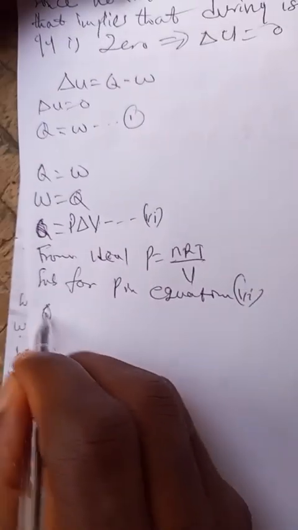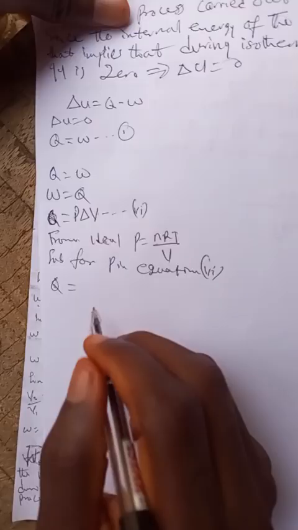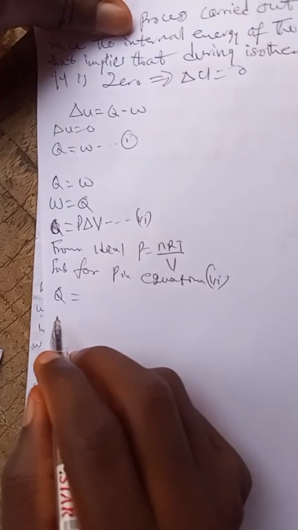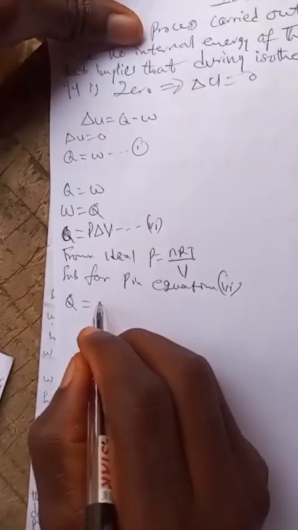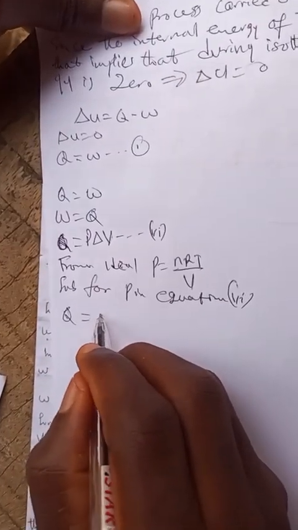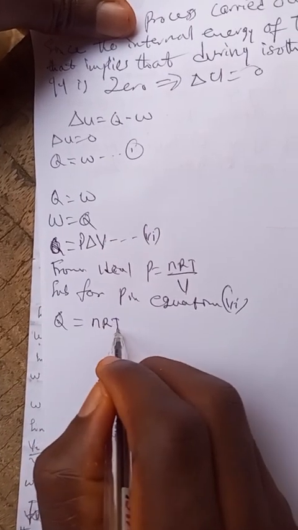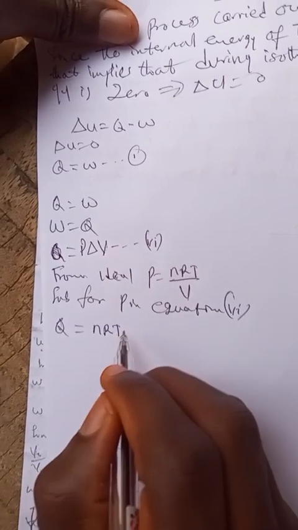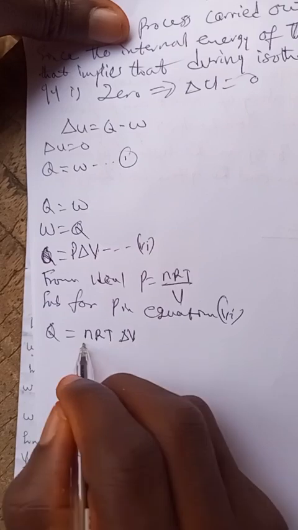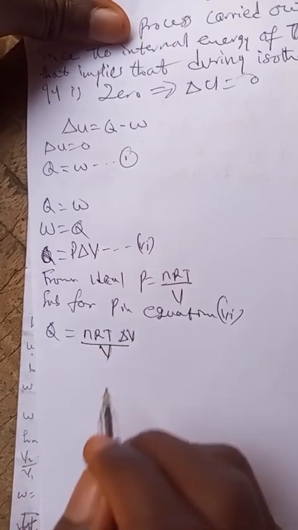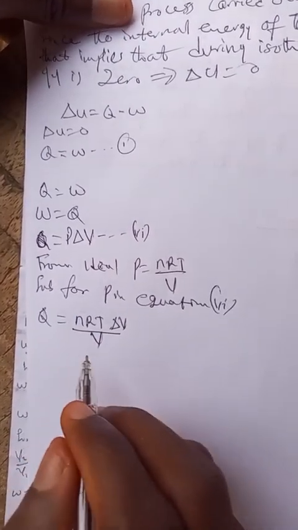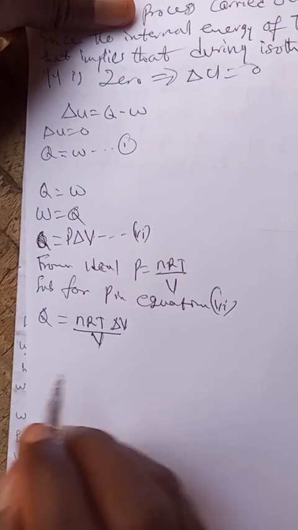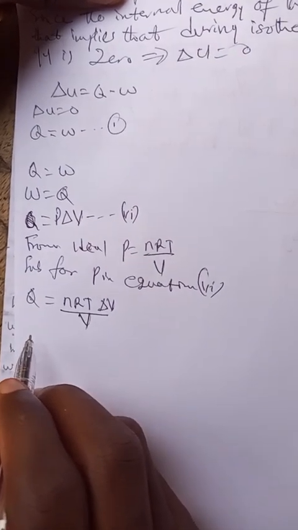So this will now be Q is equal to, instead of P, nRT delta V over V. Now from here, we can derive another formula.